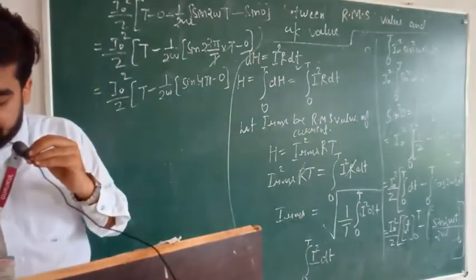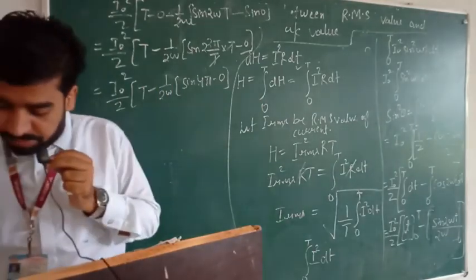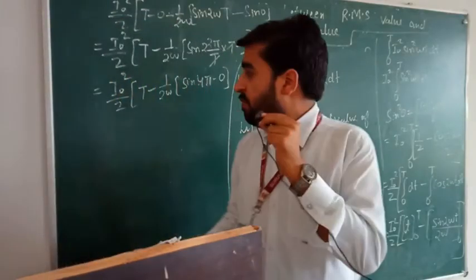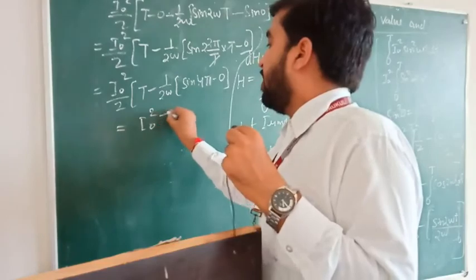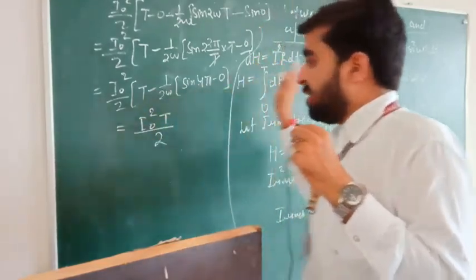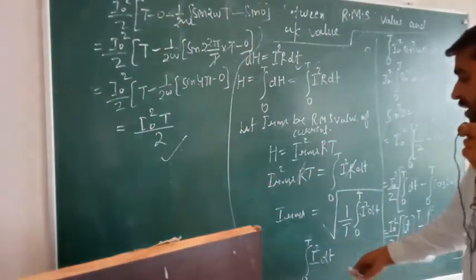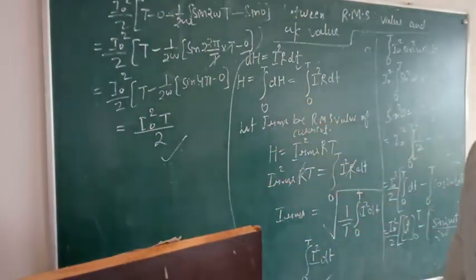The value of sine 4 pi is equal to 0. Okay, so this will be 0. So what will be remaining to us? This will be I naught square t upon 2, because all this is equal to 0. So this value we have calculated now, and that is equal to I naught square t upon 2.